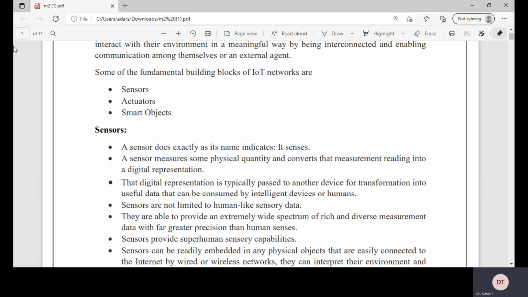Sensors can be readily embedded in any physical object that is easily connected to the internet by wired or wireless networks.